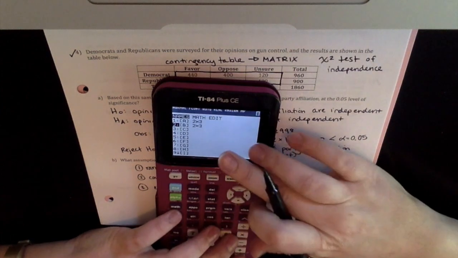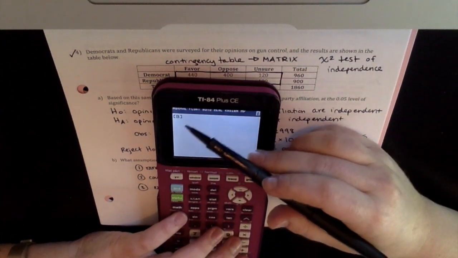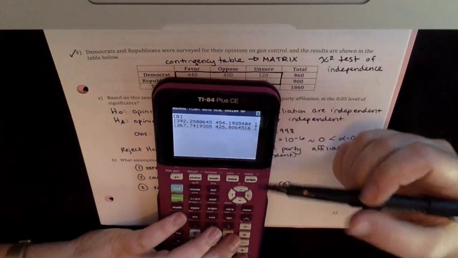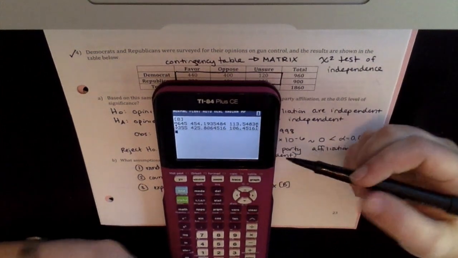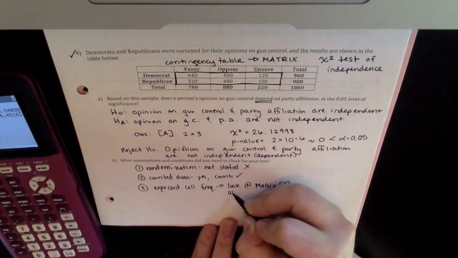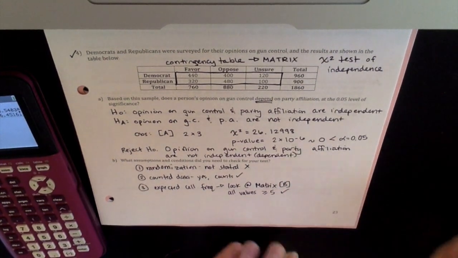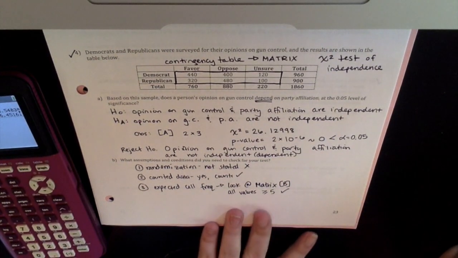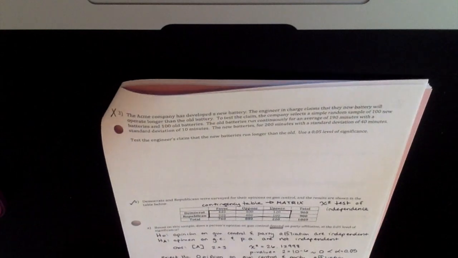I can just go down to B, and once I hit enter, it appears on my home screen, and I can hit enter again, and I can see the values and arrow right to check. All of the values in B are in fact larger than 5. All values are greater than or equal to 5. So we can put a check there that this condition was met. All right, great work. Let's move on to the next one. So we're on to page 24.